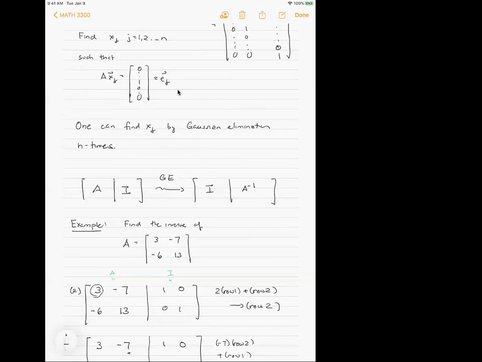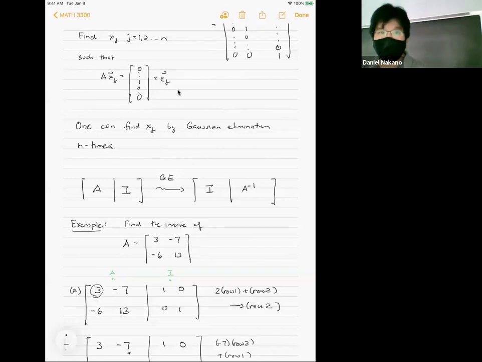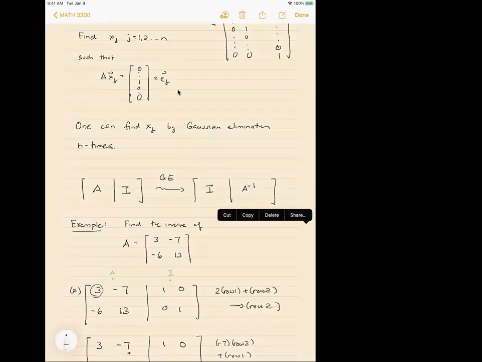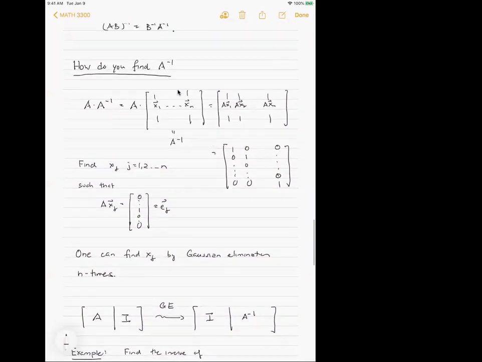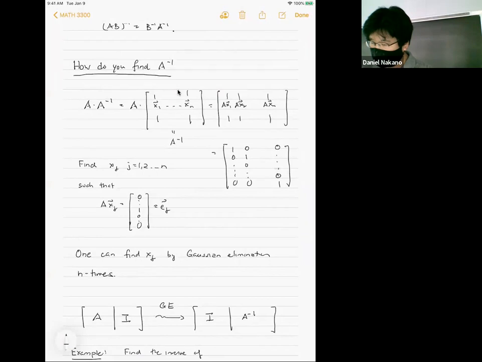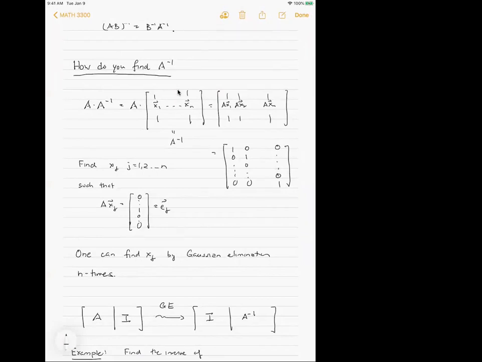Can you explain one more time how J correlates to n times, or why it takes n times to solve for EJ? Sorry, which part? Up above where you write that one can find xj by Gaussian elimination n times.